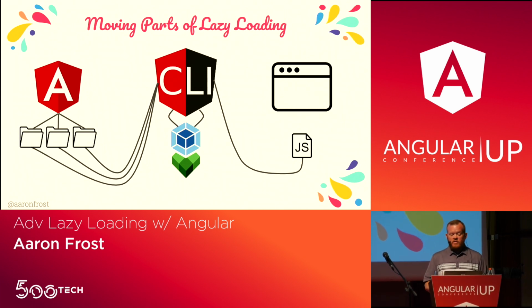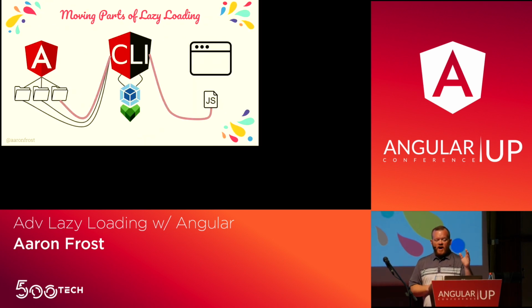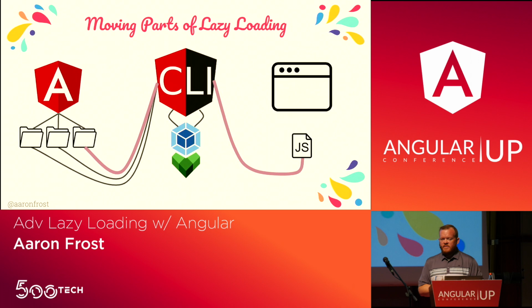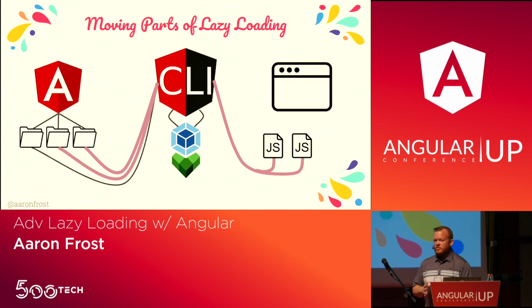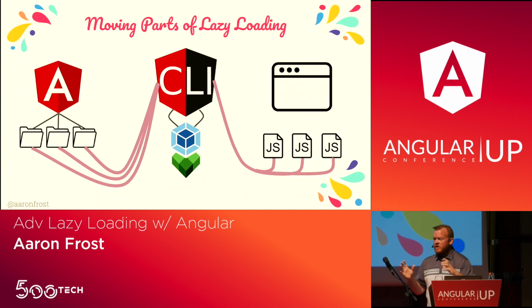And when we add in lazy loading, it takes the first bundle, and it will say, hey, I'm going to take that magic string you defined, and the Angular CLI is going to output one bundle for it. I'm going to take the second bundle you used that load children magic string for, and create a separate bundle for that. And then I'm going to take the third one, and create a separate bundle for that. So using that magic string, that's how we key in Webpack to say, this is where I want you to separate the bundles out.